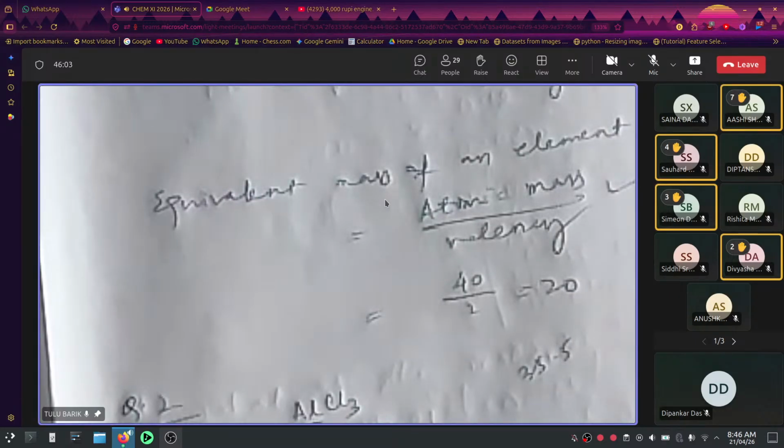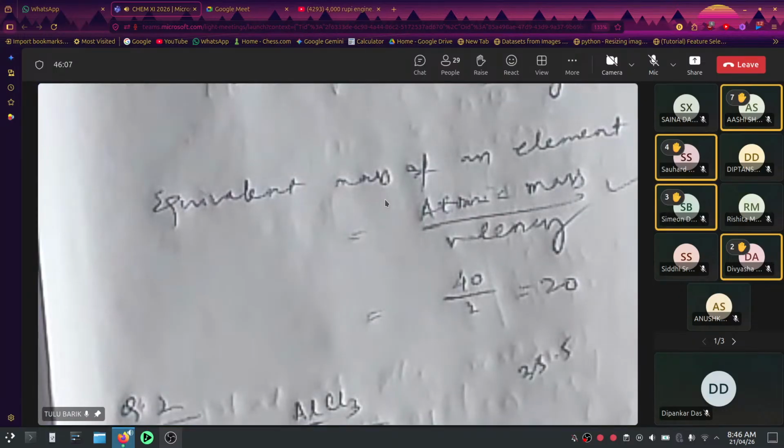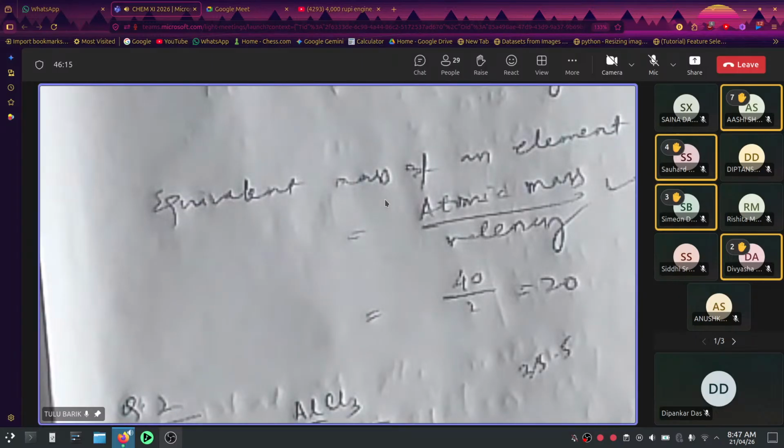Okay, like this, equivalent mass of copper. Let it be cupric, accordingly you do. Equivalent mass of silver. Okay, these two are little different, please start.